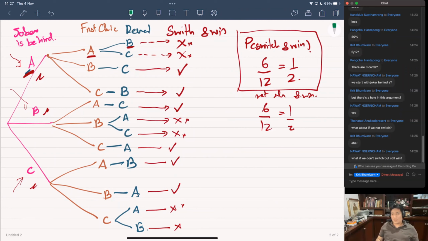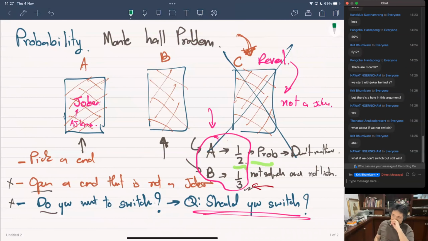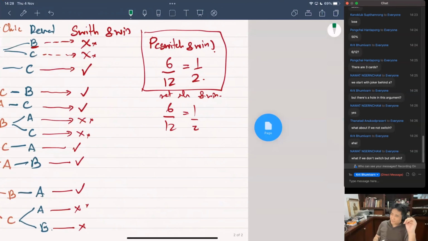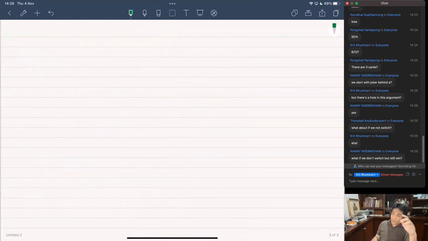A lot of you say 2/3 or 1/3, right? Okay, let's think about this. This is a very important intuition that you should have. Suppose you buy a lottery today.